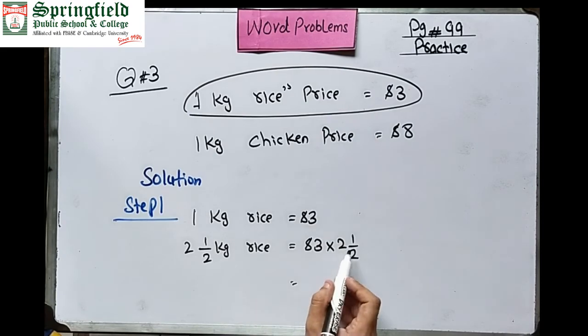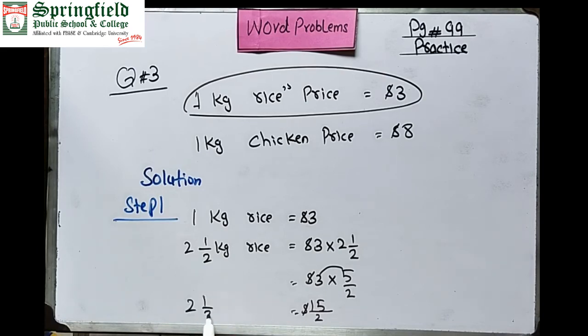We will multiply 2 whole 1/2. So $3 multiplied by 2 2s are 4 plus 1, 5/2, and 5 multiplied by 3 is 15 divided by 2. Fine. So this is the price of 2 whole 1/2 kg of rice.